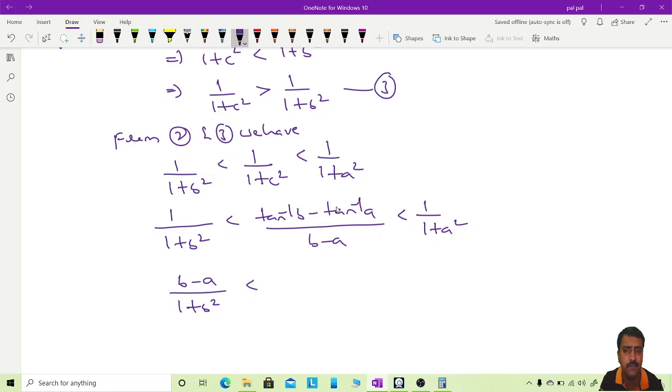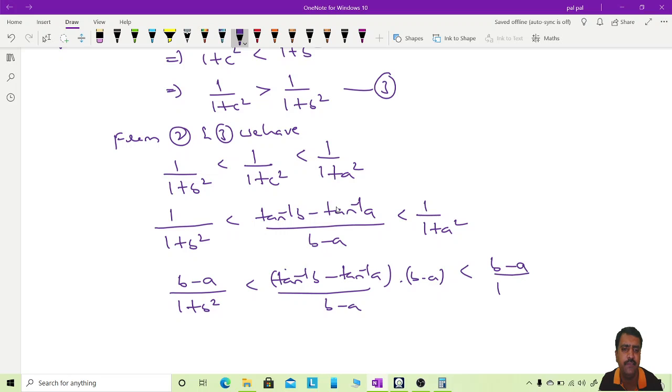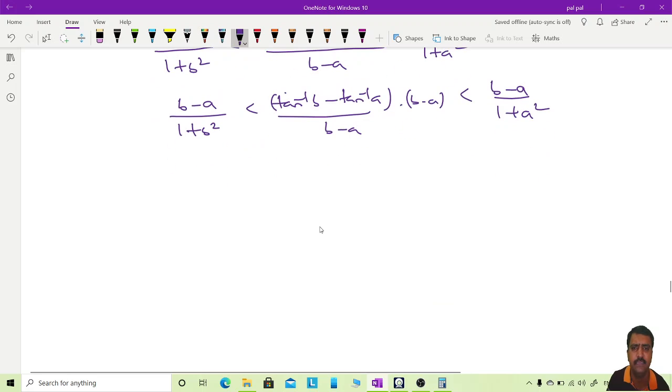We can multiply only by positive values; if you multiply by negative values, less than must be changed to greater than. But here everything is positive, because a is less than b, so b minus a is positive. So b minus a by 1 plus b square is less than tan inverse of b minus tan inverse of a, divided by b minus a into b minus a, which is less than b minus a divided by 1 plus a square. Here one b minus a cancels.